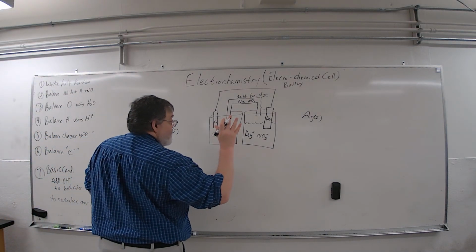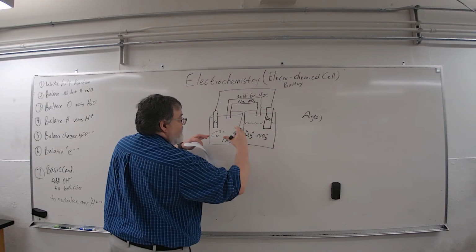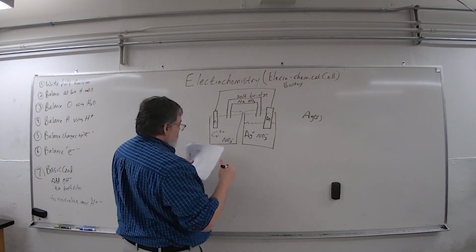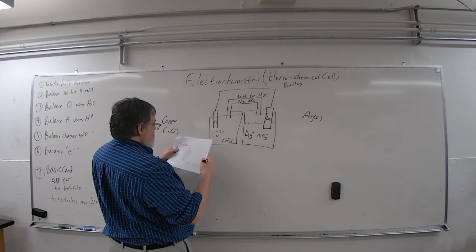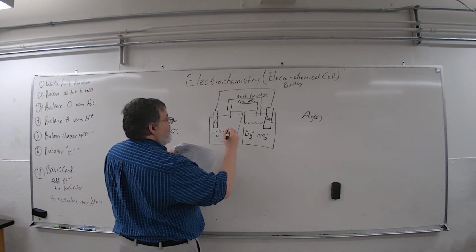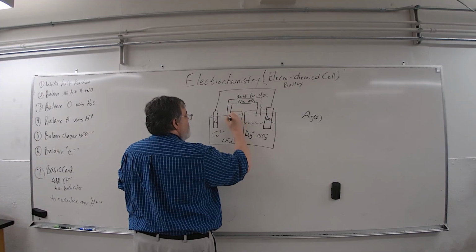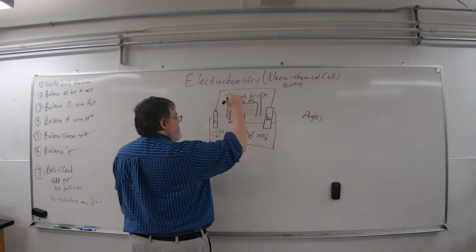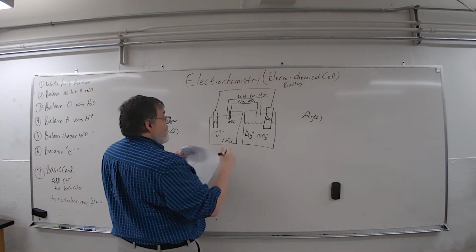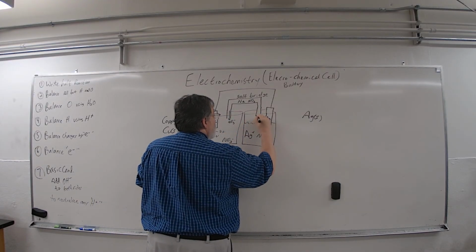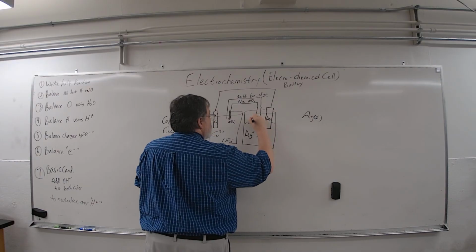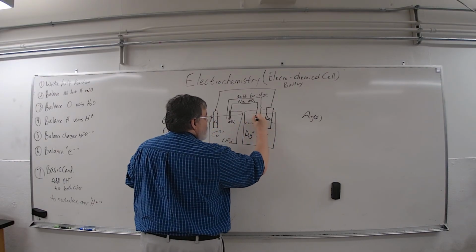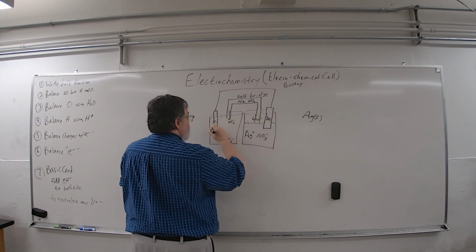So you can build something like this and make it compact and make a little battery out of it. But the idea is you get NO3 minus coming out of the salt bridge. You get Na plus coming out of the salt bridge.